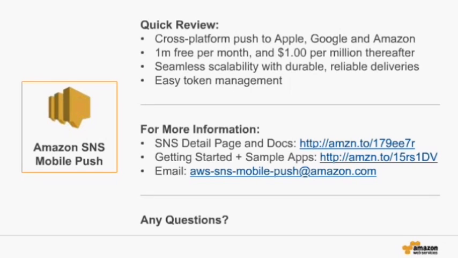So we have a question about easy token management. Somebody asks, when you say easy token management, does that mean you'll be able to send us the token details of each user that opens the push notification? So let's talk about how token management works and what it means. The token represents a particular app on a particular device.